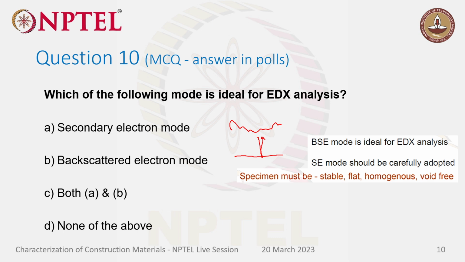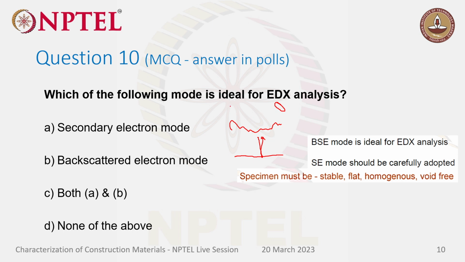backscattered electron detector. If you see, there is some crest and trough here, right? Crest is here and trough is here. So this undulation is always there. Let's assume that a secondary electron detector is here.